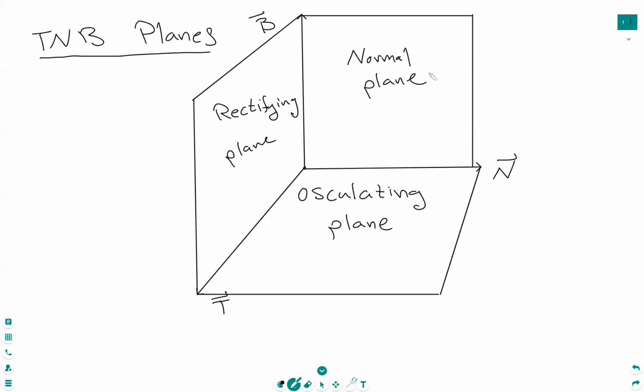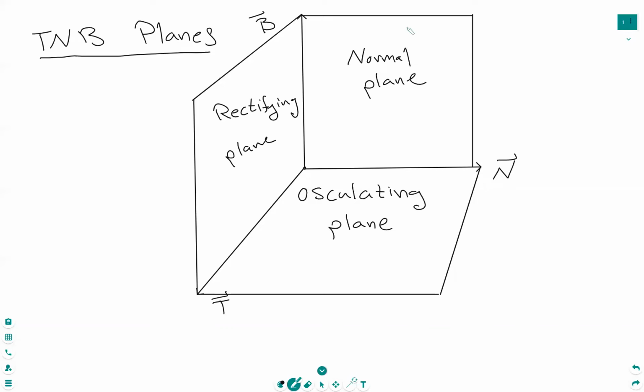So some questions that you could see on homeworks, quizzes, exams might be: you have some kind of particle that's moving. Can you find the rectifying plane at this specific location? Can you find the osculating plane here? To find those planes, note which vector is orthogonal to the plane.